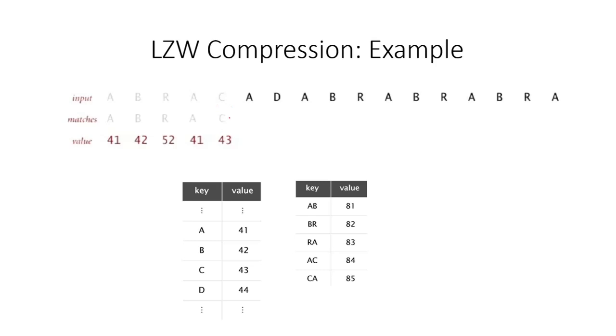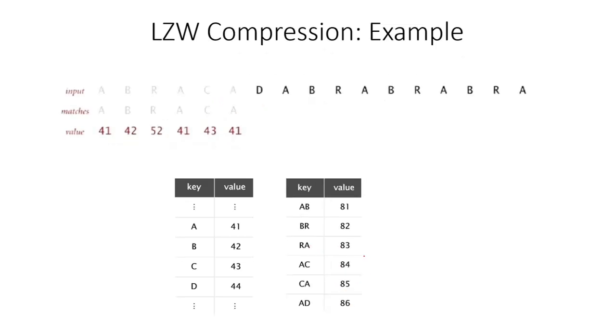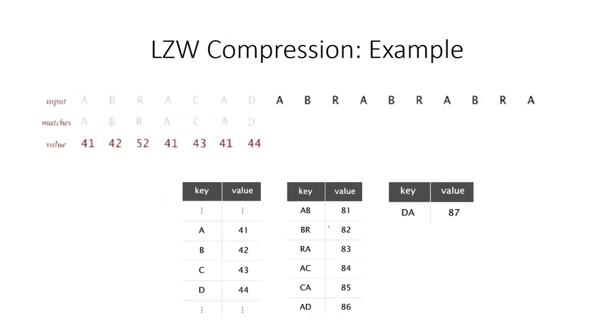Then we have C, which has a value of 43, and we see that CA has a value of 85. Then we have A again, with value 41, and we add AD, a prefix that we had never made before. We add that prefix into our table, and AD has value 86. Then we have D. D has 44, and we say that DA is in our table, so DA has a value of 87.